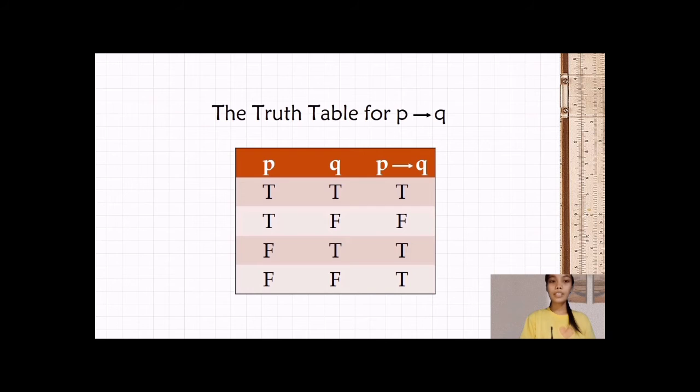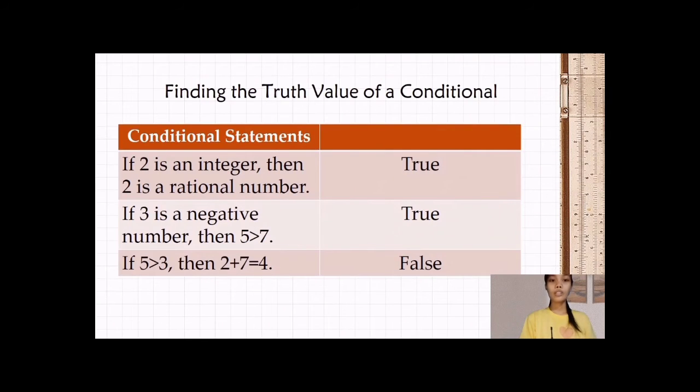So here's another example on how to find the truth value of a conditional statement. Example: if 2 is an integer, then 2 is a rational number. In this case, the consequent is true, so this is a true statement.